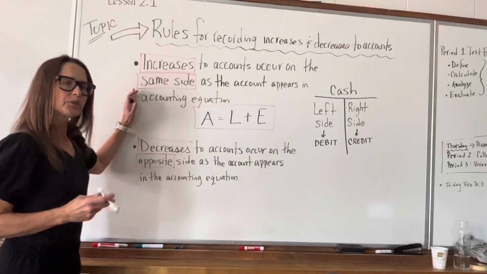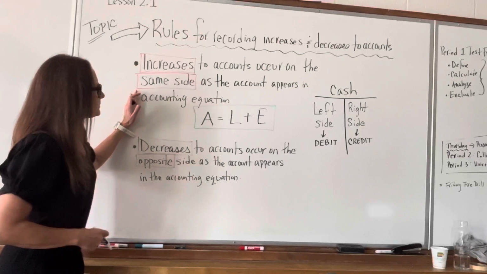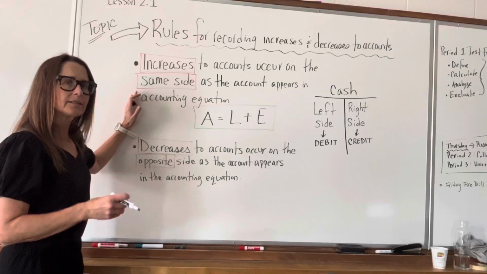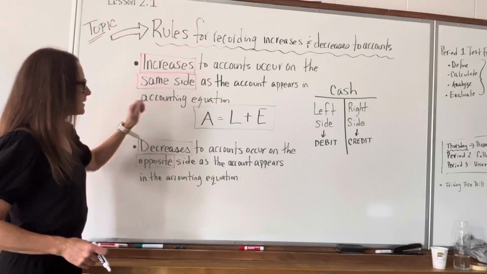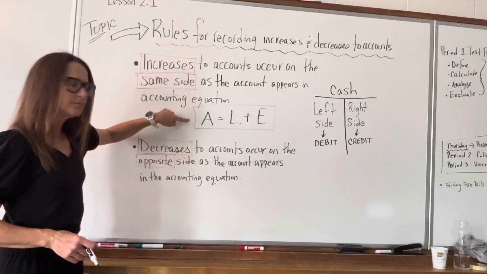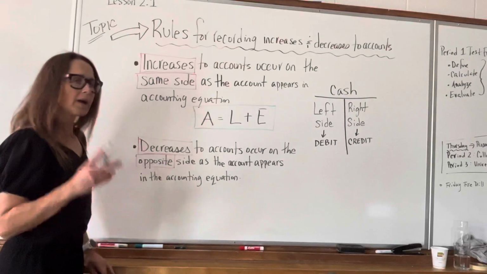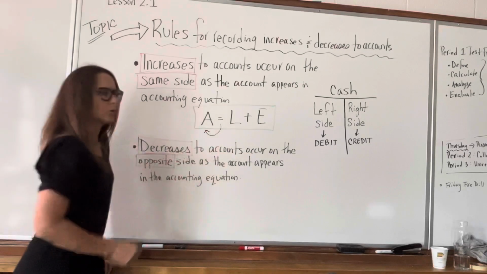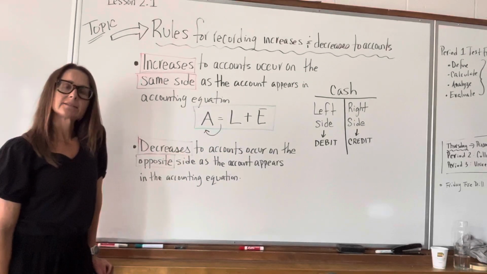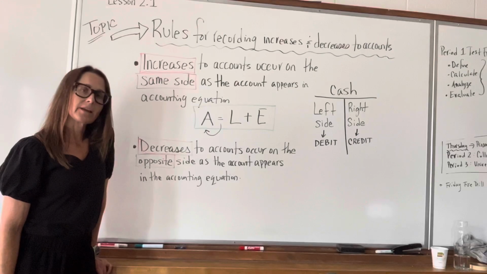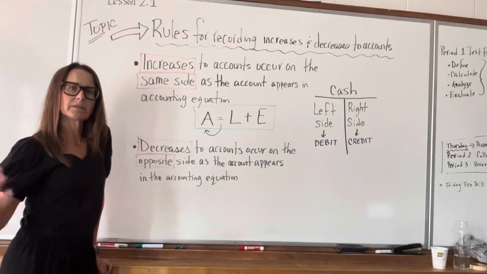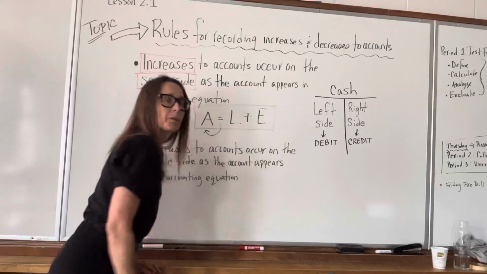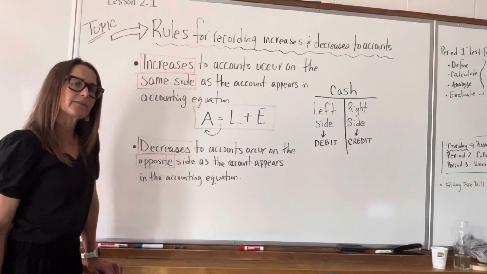An increase to an account is going to be recorded on the same side that that account appears in our equation. So assets are on the left side of the equation. So that means assets increase on the left side, or we say the debit side. So assets increase with a debit, and a debit means left.